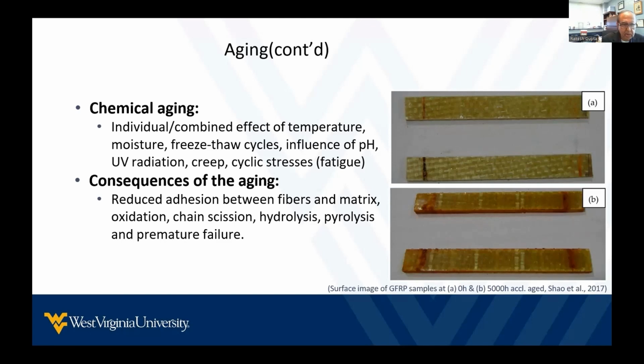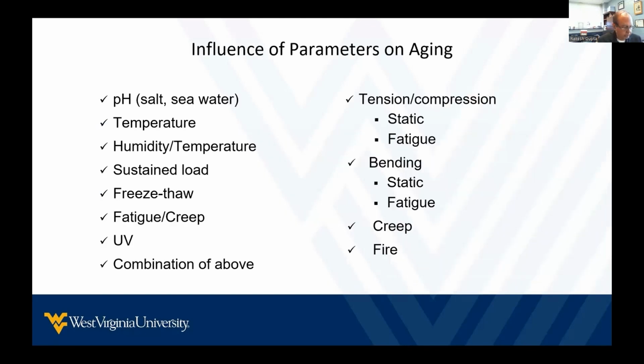The consequences of chemical aging are changes in properties of the matrix, changes in properties of the fiber, and changes in properties of the interface between the fibers and the matrix. And these result from oxidation, hydrolysis, and other effects that are listed on the next slide.